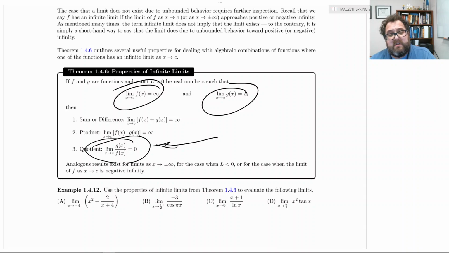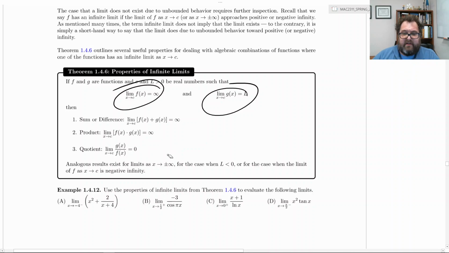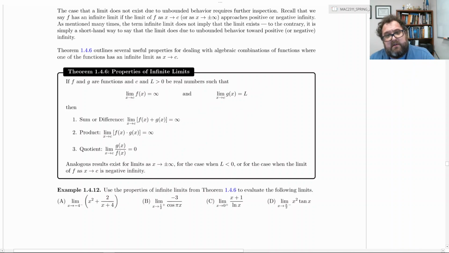By the way, you have to be careful here with the signs. If you have a negative sign in front of infinity, then you have negative infinity. Here we're assuming that the finite limit is positive, but if the finite limit was negative and you multiply a negative value times positive infinity, you get negative infinity. Or if you have a negative finite limit and a negative infinite limit, negative times negative is positive.